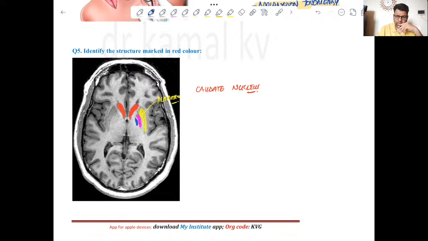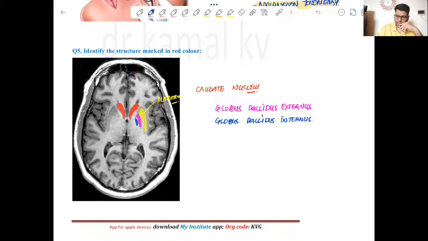So globus pallidus, and then this is externus, and deep to that is globus pallidus internus. Clear?